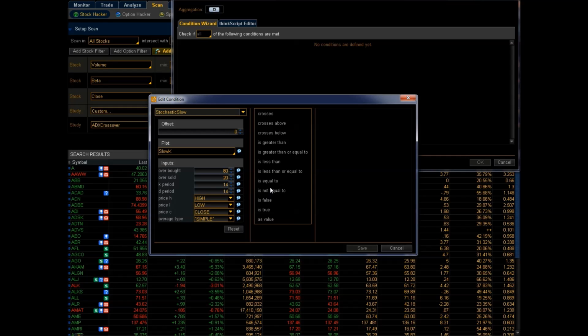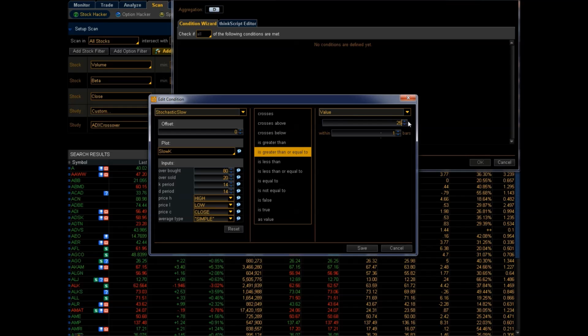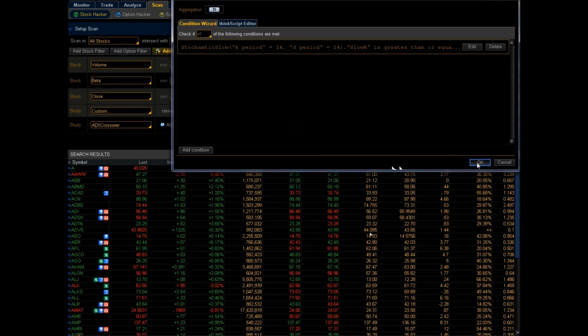is less than or equal to a value of 25. And I'm going to use that within, I would say, within 2 bars. And let's see how that looks. Okay.